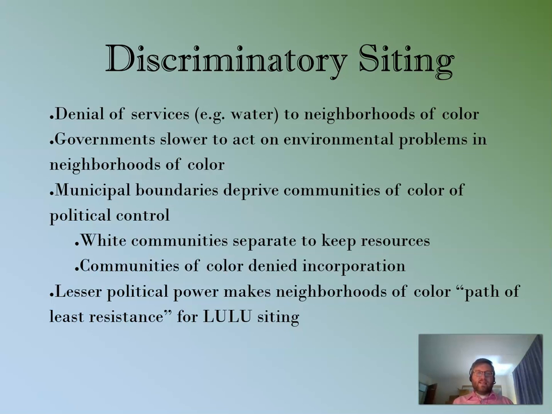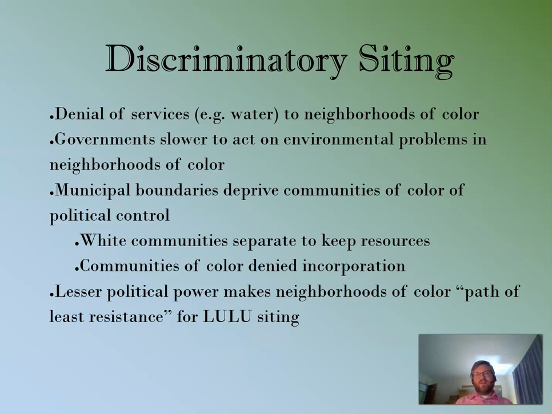The last thing to note here is that communities of color are often areas that have less political clout. So they can become targeted by people who are looking to locate some sort of environmentally negative facility, one of these locally unwanted land uses, or LULUs.